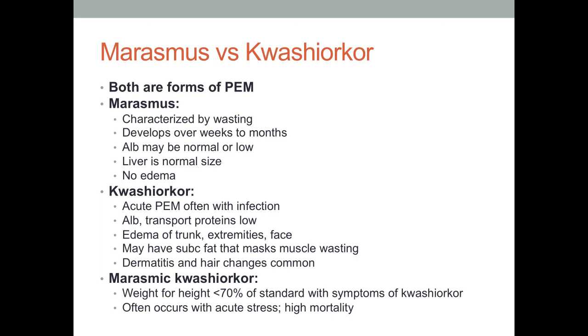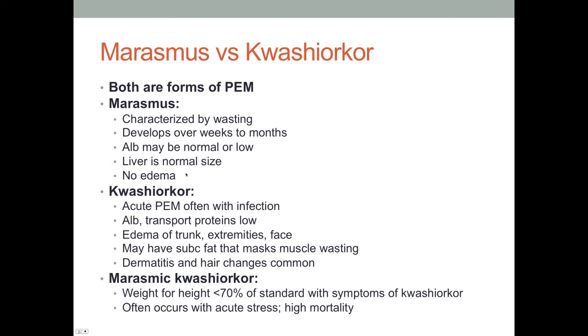The other thing we need to talk about here are forms of protein energy malnutrition. So remember marasmus and kwashiorkor, and as we discussed in growth and development, marasmus is more characterized by wasting, and albumin may be normal or low, and the liver's normal size, and they don't have edema, and this usually develops over weeks to months.